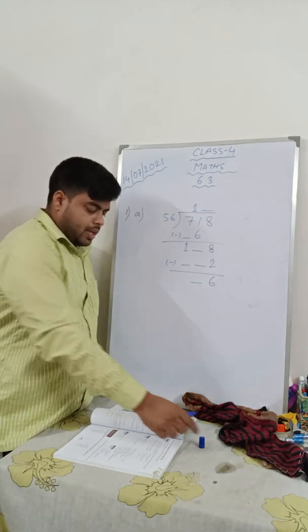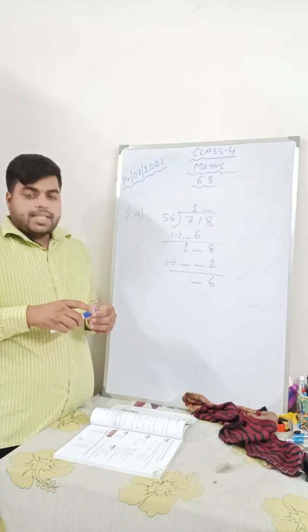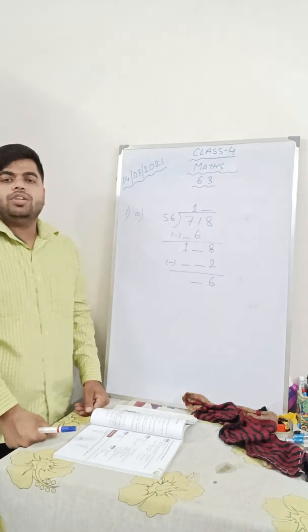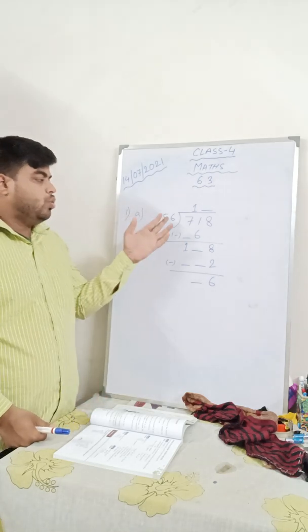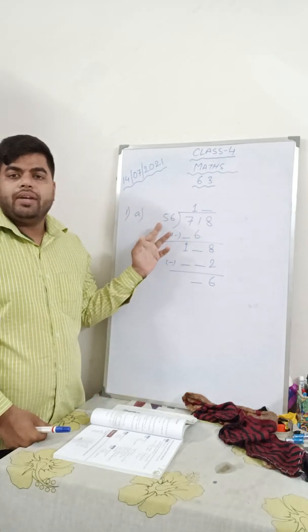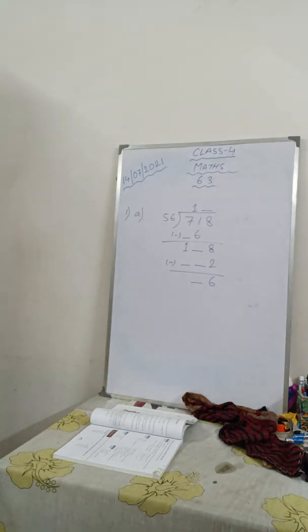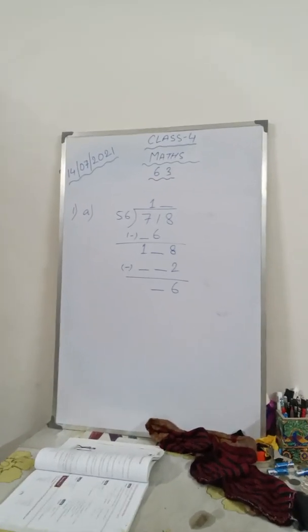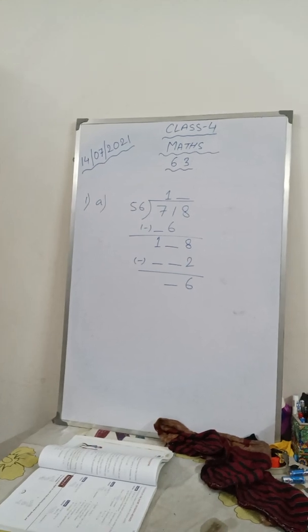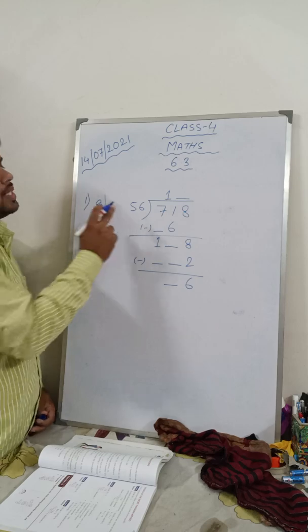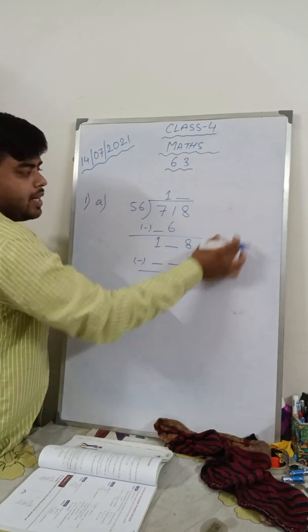Now remember, either you do a single digit division or a double digit division. The main thing that you have to know is the table of the divisor. Whatever divisor they give you, you have to know the table of that, very carefully. 56, if you don't know, just write the table.